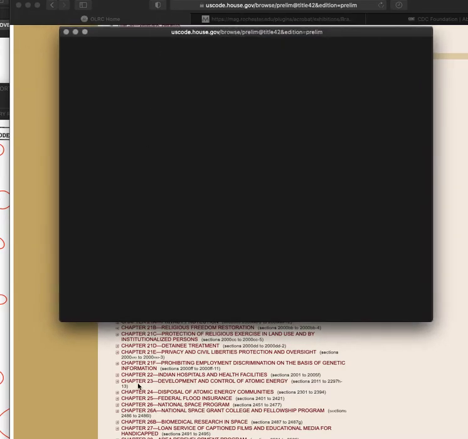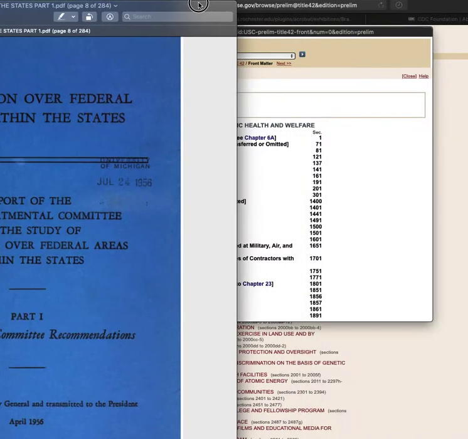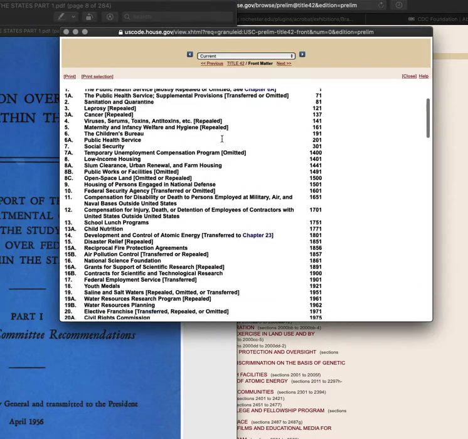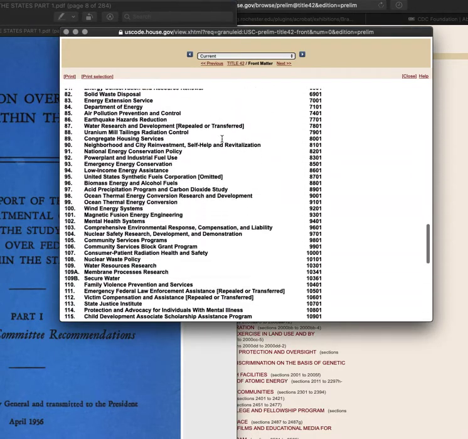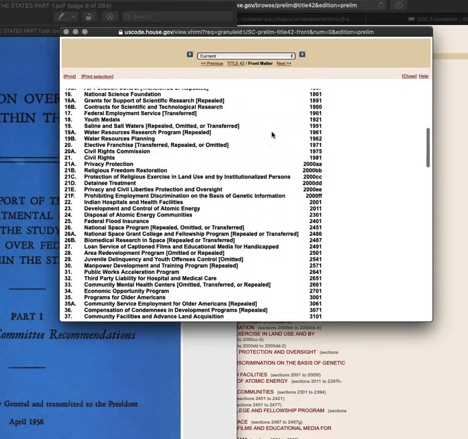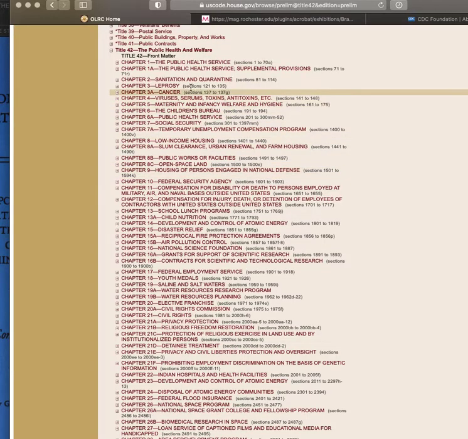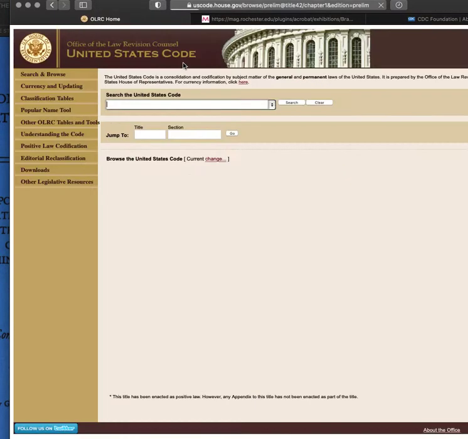This is taking a long time to come up. Let me see. Let's go back to the jurisdiction report. Here we go. It just popped up. So in the front matter, there's not even a public law that we can click on and go to. There's no public law, because sometimes the public law will have a positive law citation in it.